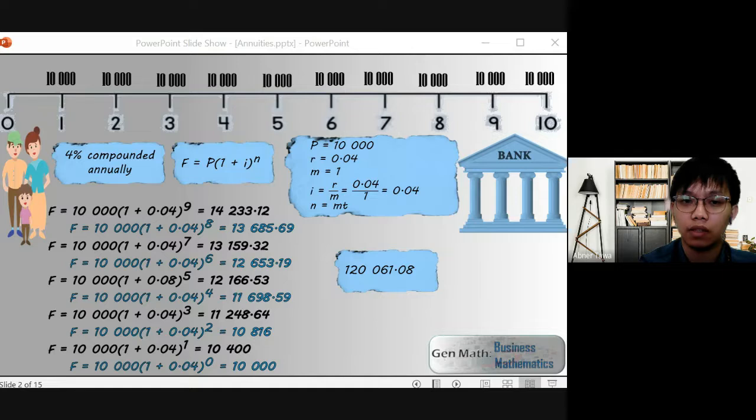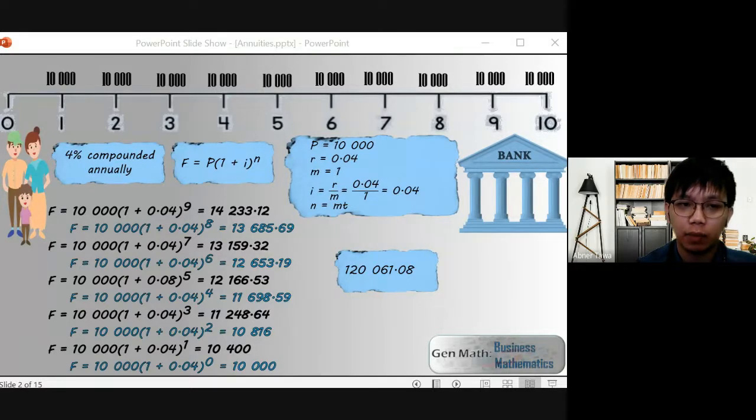And how do we describe annuity? Do you have any more idea on how to describe annuity? Yes, Ira? So tama naman yung sabi ni Jamila.